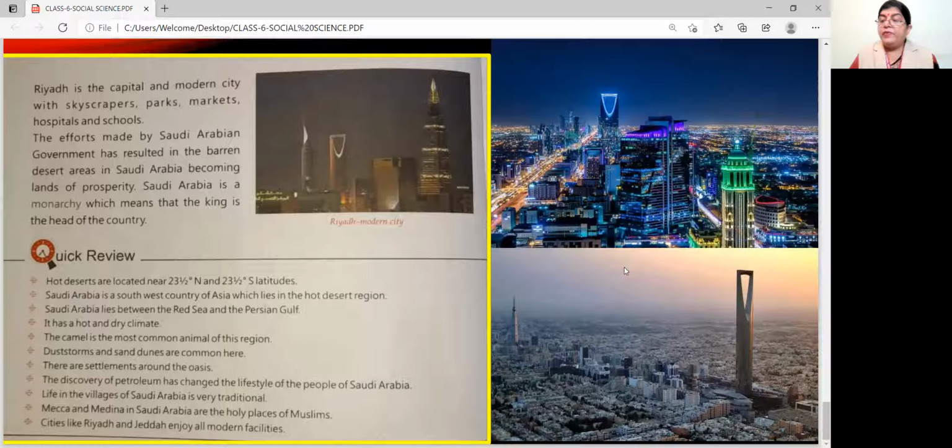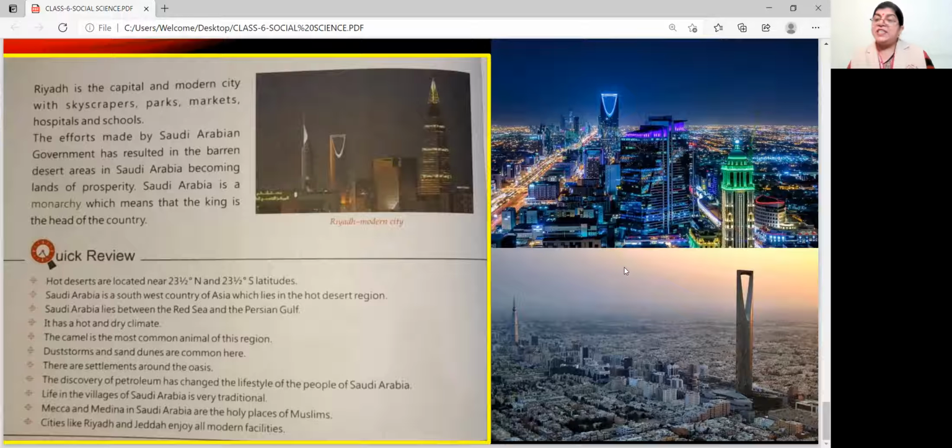Saudi Arabia is a southwest country of Asia which lies in the hot desert region. Now if I say it lies in the cold desert region, then the answer should be false. If I ask this true or false question, that Saudi Arabia lies in the hot desert region, then it is true.